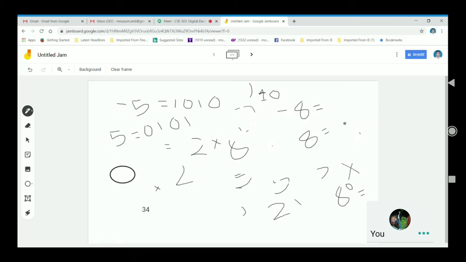Suppose I am using 4 bits: 1, 0, 0, 0. When we are converting to -8, that time what happened? It is converting to 0, 1, 1, 1, 1, 1. This way we are representing.